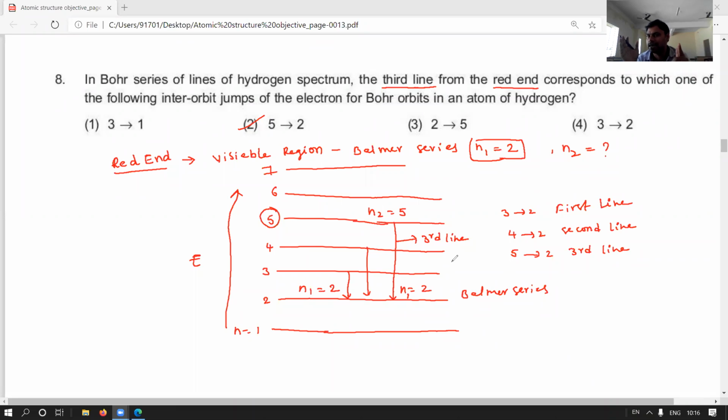They gave the hint that the transition is present in the third line. Third line means n2 is 5. Third line means the third excited state. So in the Balmer series, the first excited state is 3, the second excited state is 4, the third excited state is 5. Okay, clear? Yes, ma'am, understood.